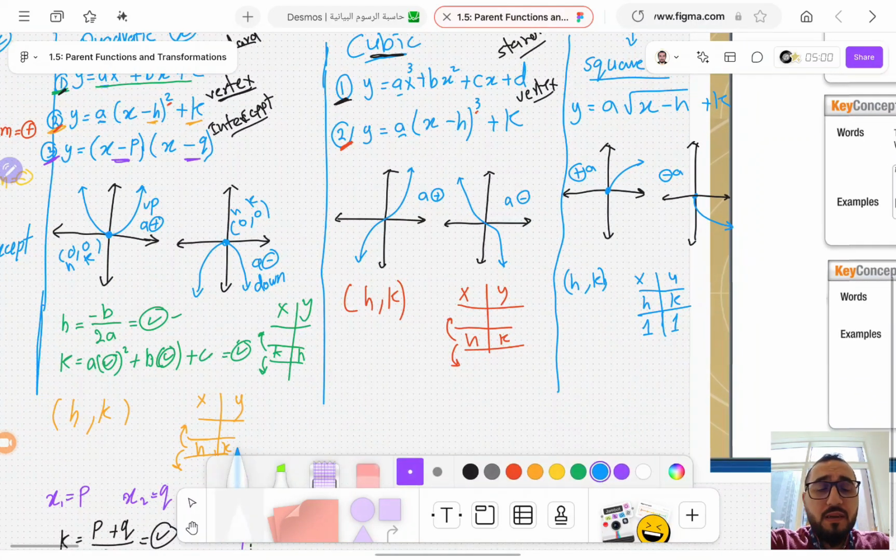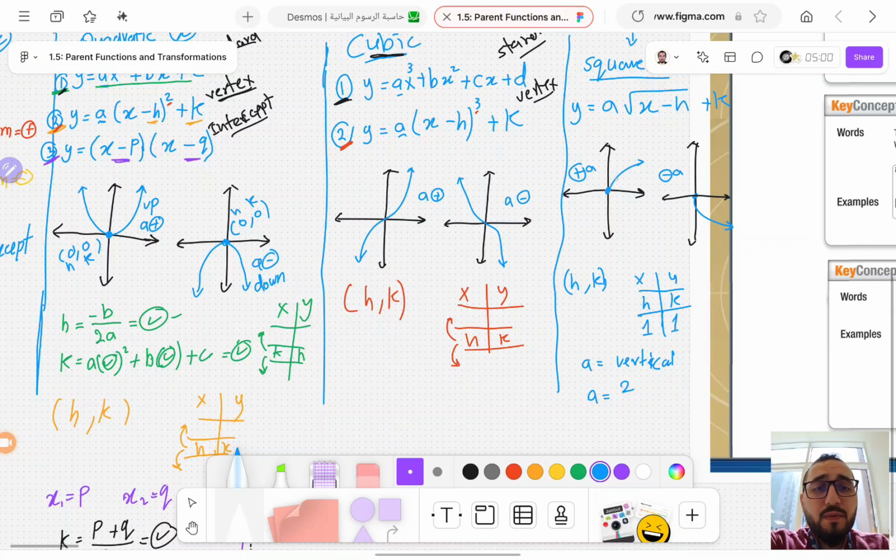First, if you look at the graph, a is always represented as the vertical stretch or vertical compression. So how can I know a? Let's say a is equal to 2. Now when I need to graph my function, I will start, let's say, from 0 0.